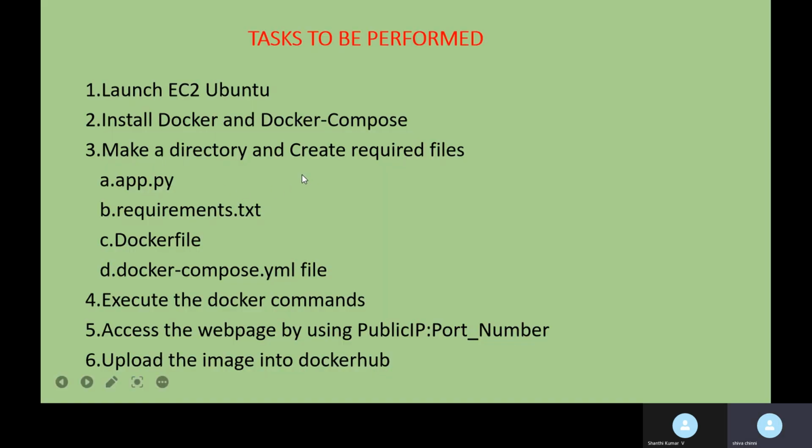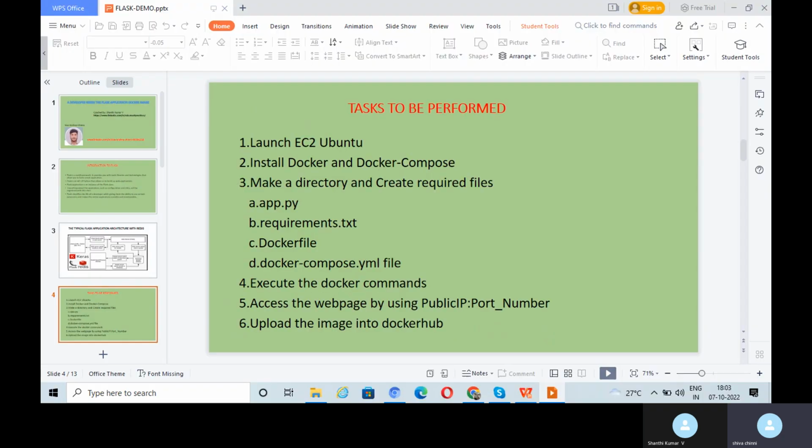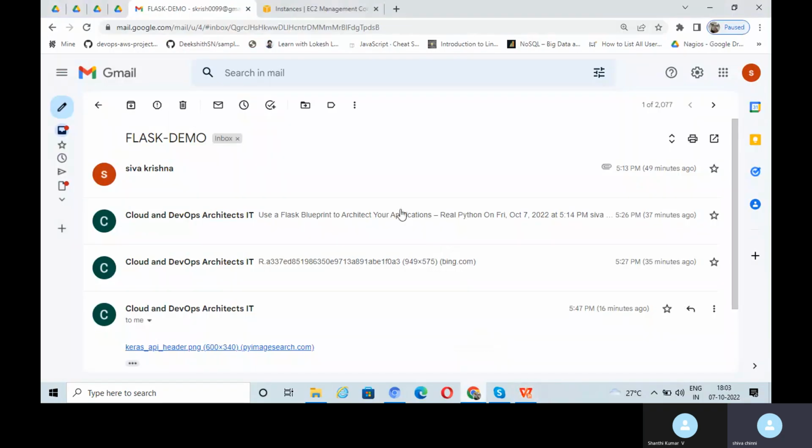So I'm going to do the solution part. These are the tasks I need to perform now. First I need to launch one EC2 server, so let's go to our AWS console.